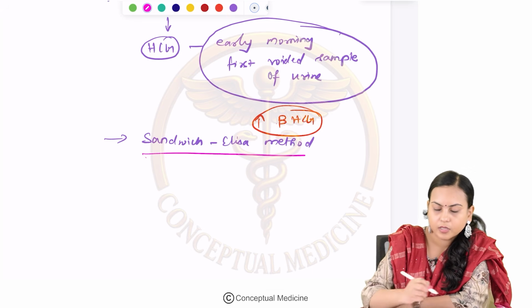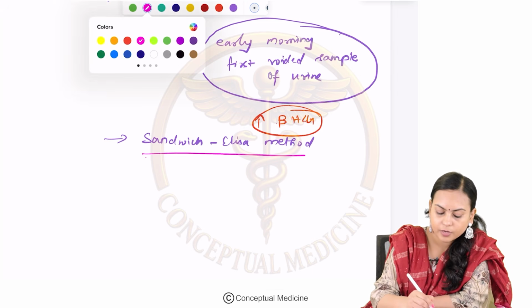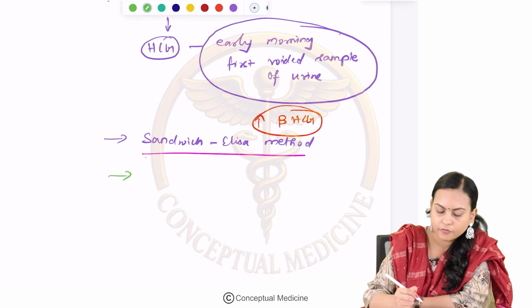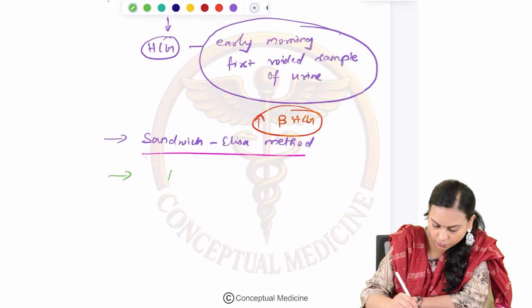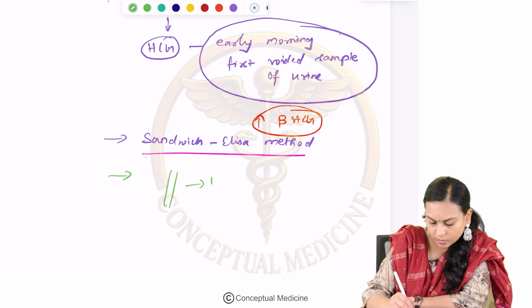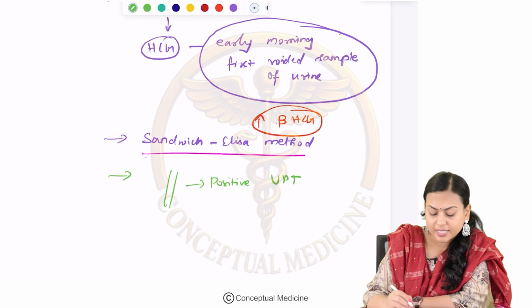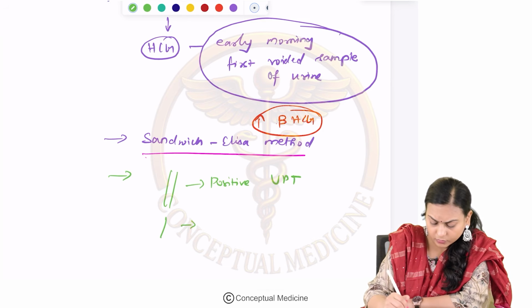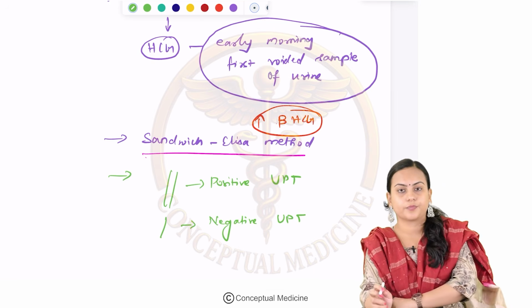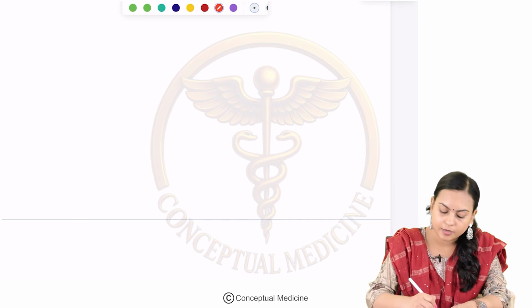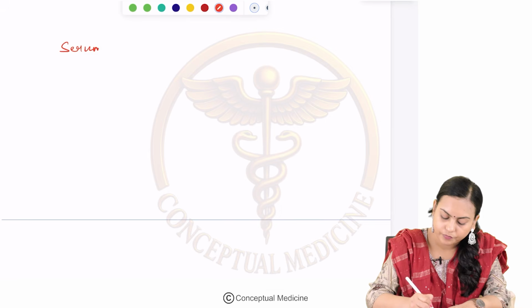Important. Okay, so if the urine is positive for pregnancy, then there will be two lines in the card. That means a positive urine pregnancy test. When there is a single line or no lines, then it is a negative urine pregnancy test. Now we will see the serum pregnancy test.